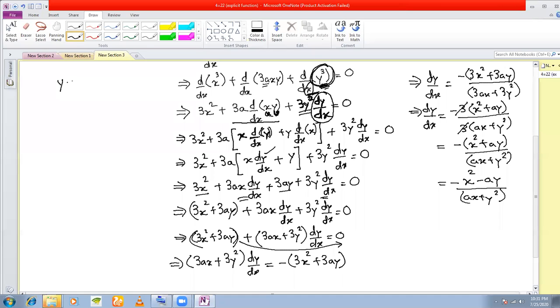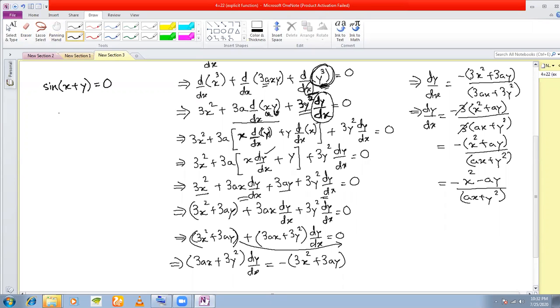Say I want to differentiate sine of x plus y is equal to 0.